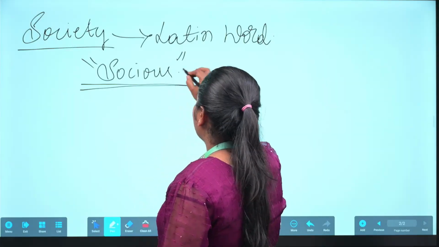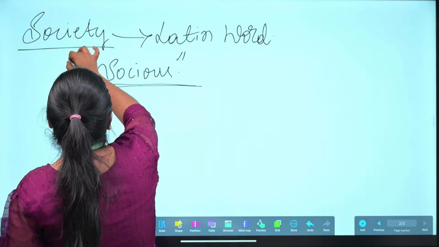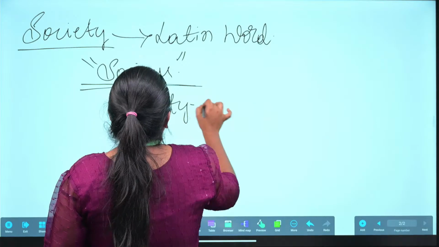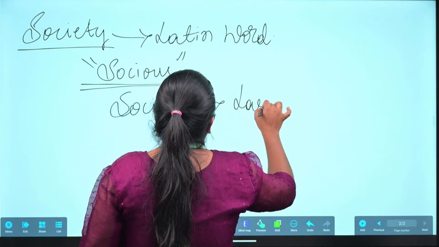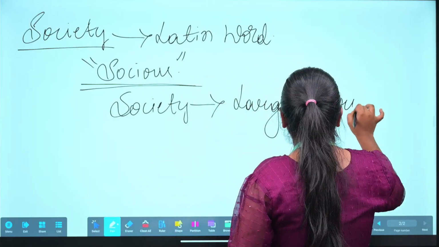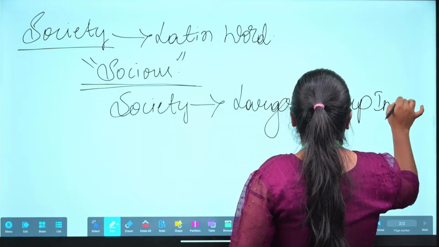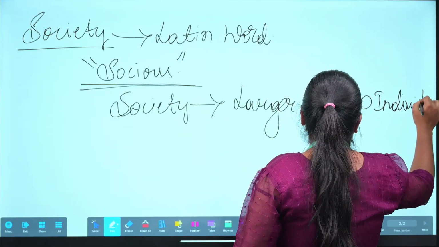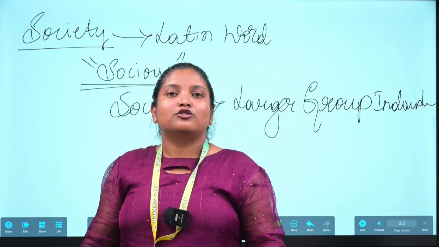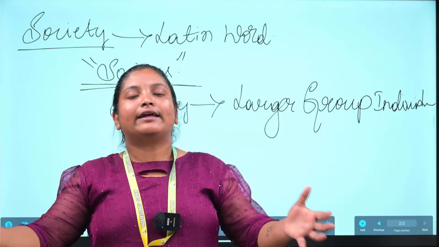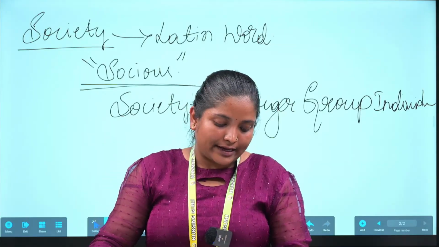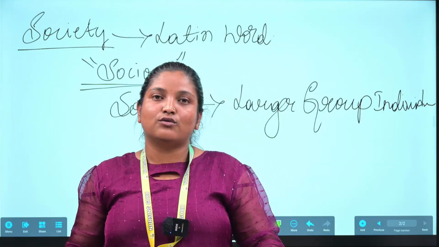Latin word socius, and society means a larger group of individuals who are together. Those people are in association to live with each other, having association with each other.